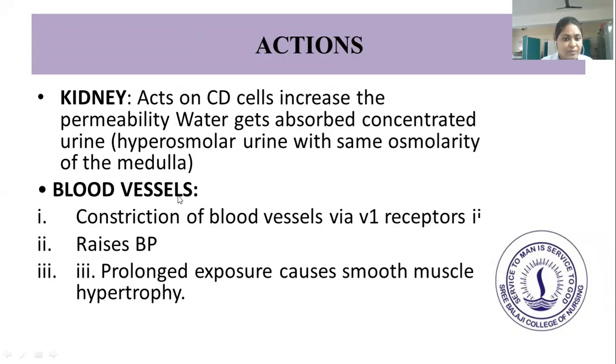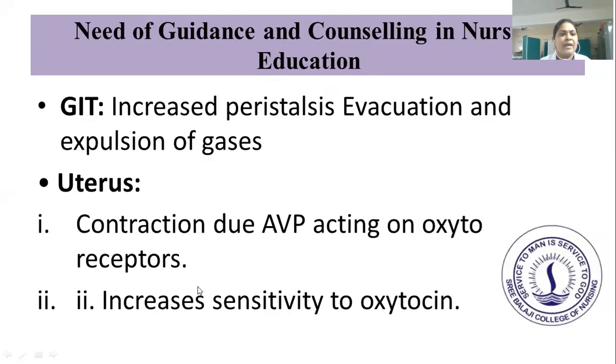And next, with the blood vessels, there is constriction of blood vessels through V1 receptor, and it raises the blood pressure, and prolonged exposure causes smooth muscle hypertrophy. And next, it increases peristalsis, evacuation and expulsion of gases in the GI tract, and uterine contraction due to AVP acting on oxytocin receptors.